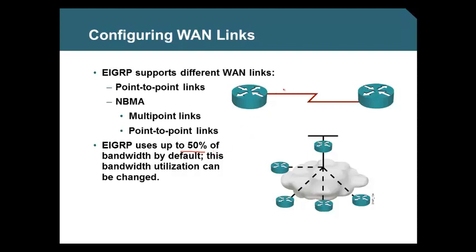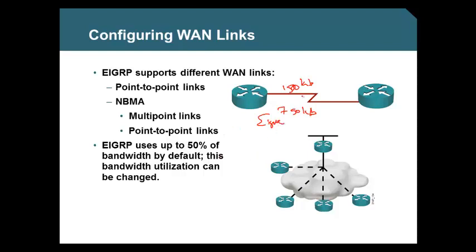Let's assume the bandwidth here is 1.5 meg, or let me put it in kilobits, 1500 kilobits. And EIGRP is going to take 750 kilobits.